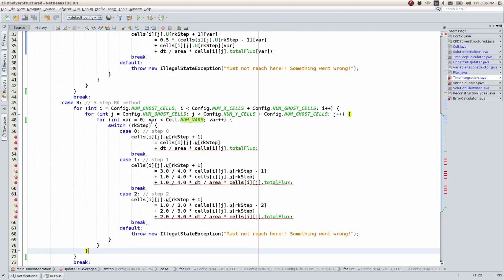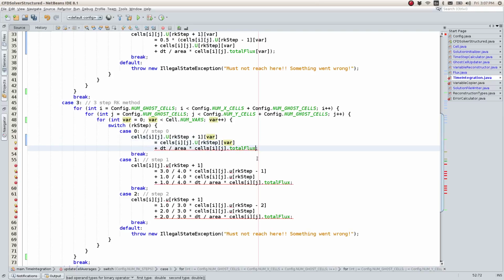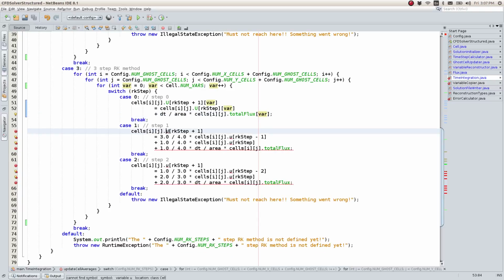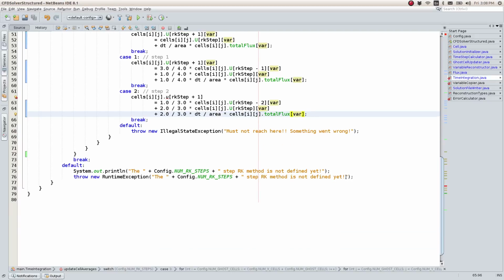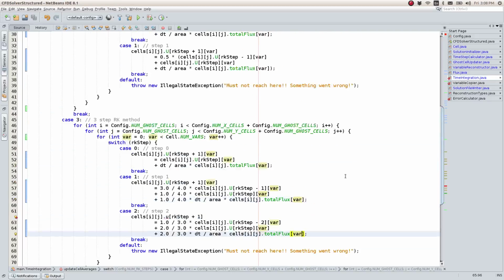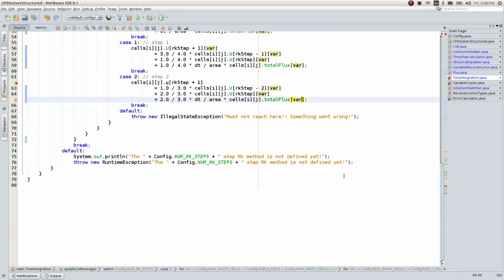Now I'll go through all the variables. Okay, so looks like the time integration part is also done.